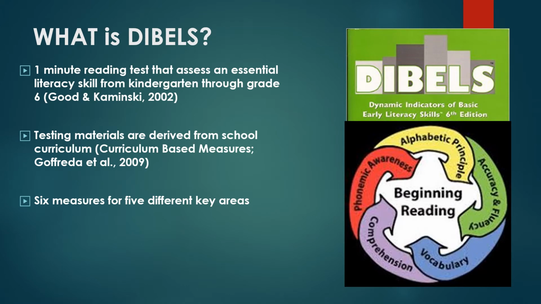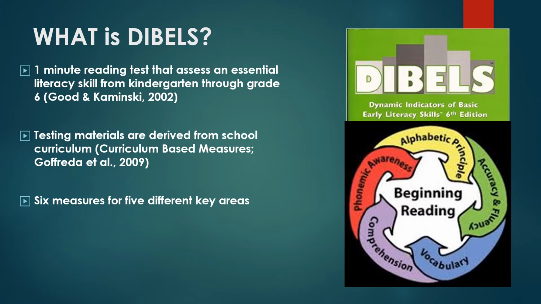It is used to assess essential early literacy skills from kindergarten through grade 6. These measures are typically very short and take about 1 minute to administer. DIBELS can be used as a curriculum-based measurement to identify students at risk for later reading difficulties, and it is also used to assess progress.